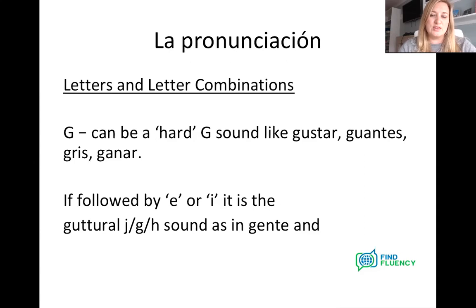So we see this with the words gente and gitano. It can be hard when followed by U or A or other letters: gustar, guantes, gris, ganar. Followed by E or I, then we are always going to hear the H sound: gente, gitano, okay?